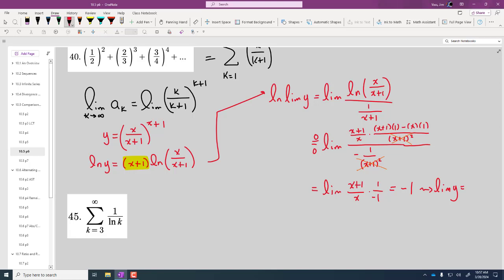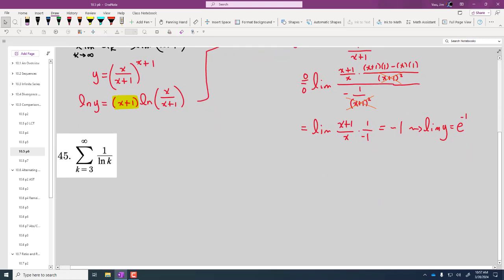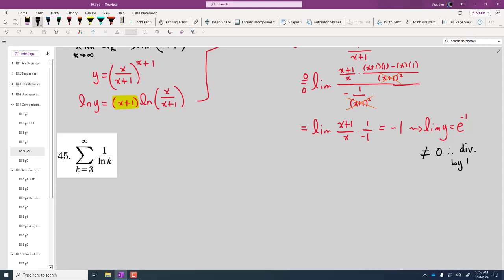How do we undo the log now? Exponentiate. So we're going to have e to the negative 1. That is not equal to 0, therefore it diverges by the divergence test.